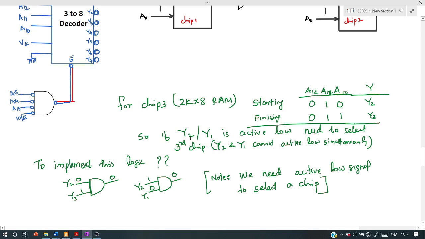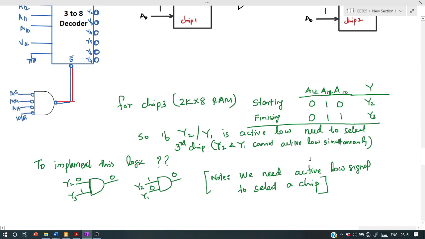So if Y2 or Y3 is active low, under that condition we need to select the third chip. Y2 and Y3 cannot be active low simultaneously. After this condition, if the address range is increasing, it comes to this value.